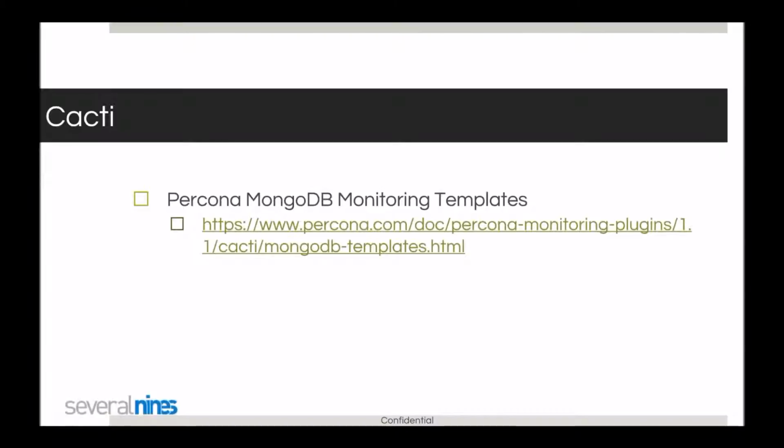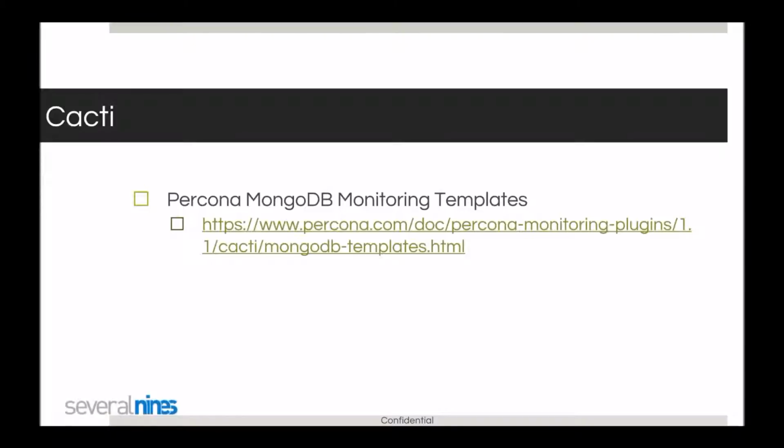For Cacti, Percona made some really nice MongoDB monitoring templates, and those templates became available quite shortly after Percona acquired Tokutek. Tokutek is the creator of TokuDB, and Percona is nowadays shipping their own version of MongoDB, including Tokutek.